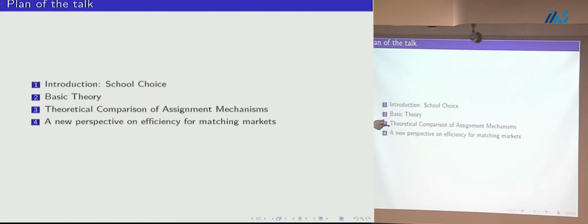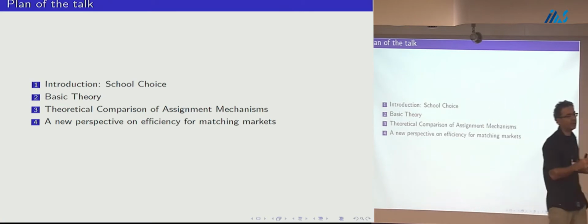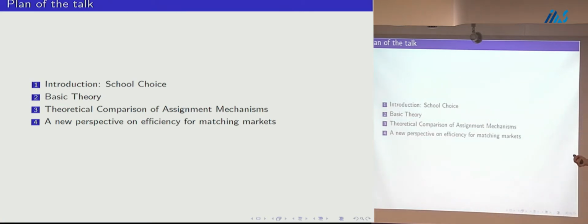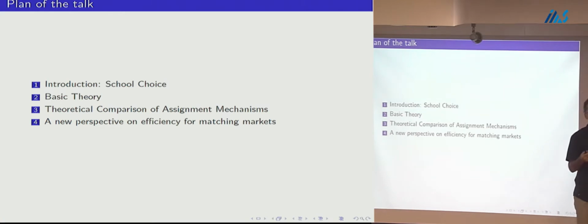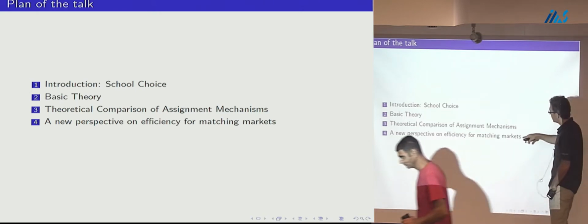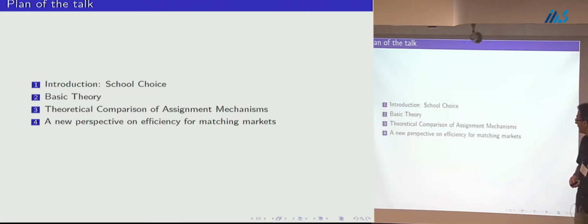And here, I'm going to emphasize that by the ordinal nature of the matching problems, we have so far been focusing on notions of ordinal efficiency. I am going to try to introduce a new perspective on efficiency for matching markets, and I'm going to apply this to school choice. So that is the plan.